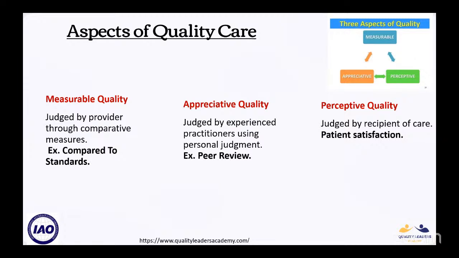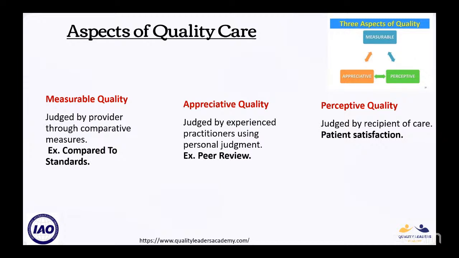For example, you see, measurable quality is objective. There are numbers, there are metrics, there is data. For example, say your surgical site infection rate is 2.3% and national benchmark is 1.8%. That's measurable quality. You are either meeting the standard or you're not meeting the standard.